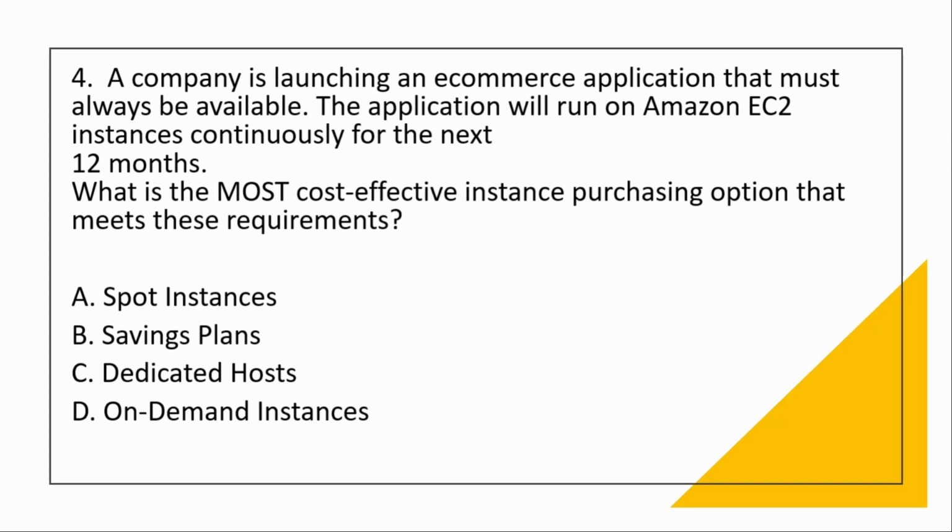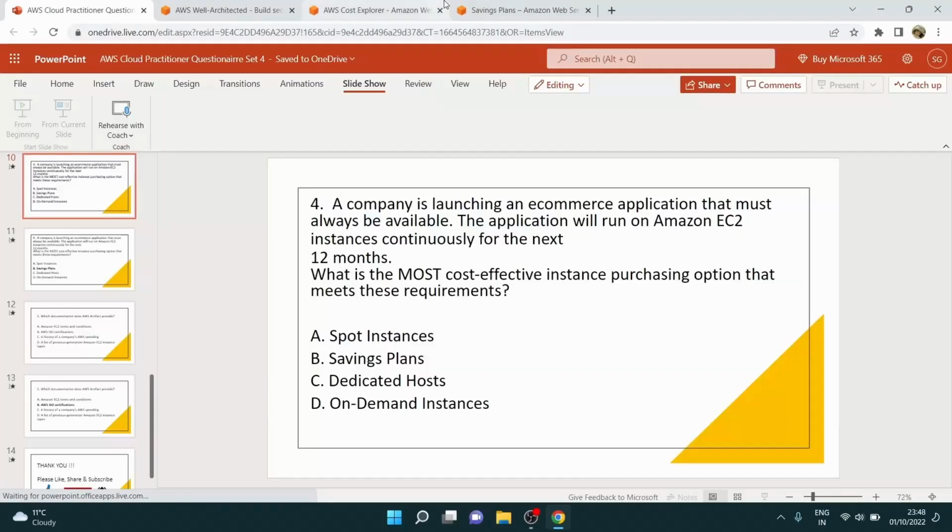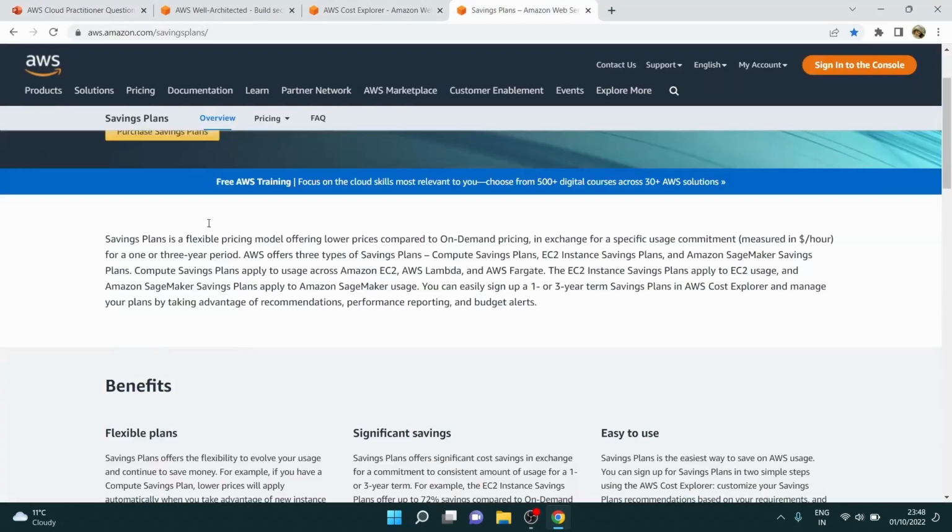We'll see savings plans. Dedicated host is like a physical server dedicated completely to you. Now let's see savings plans. What are savings plans? I'll go to the Amazon docs. A savings plan is a flexible pricing model offering lower prices compared to on demand. On demand is very costly.